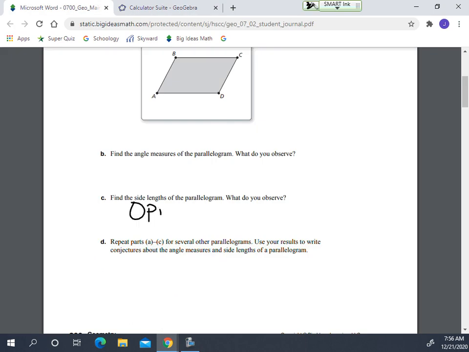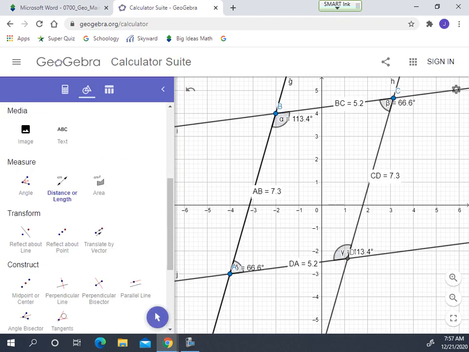Opposite sides are congruent. We got 7.3, we got 7.3. We got 5.2, we have 5.2. Okay, opposite sides are congruent in a parallelogram.